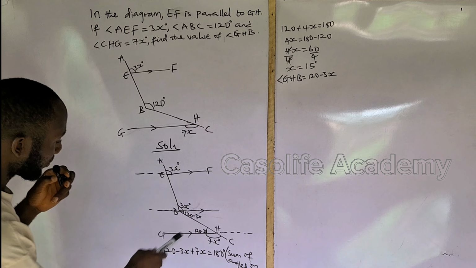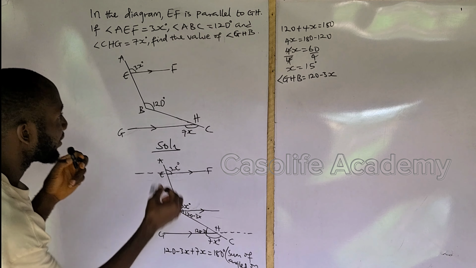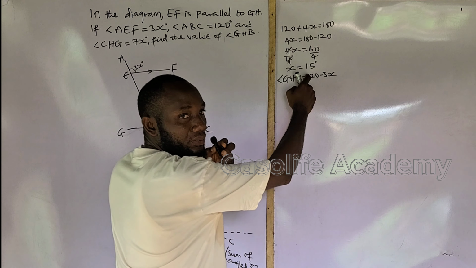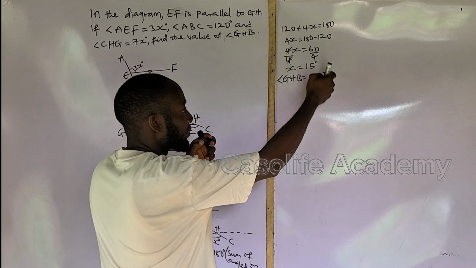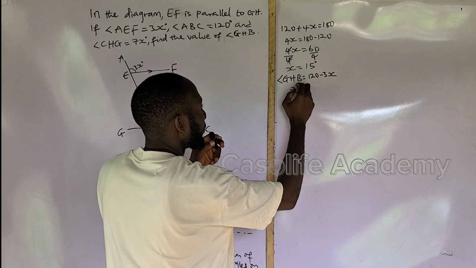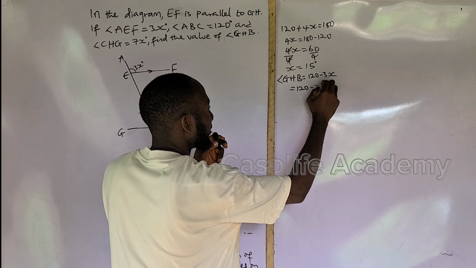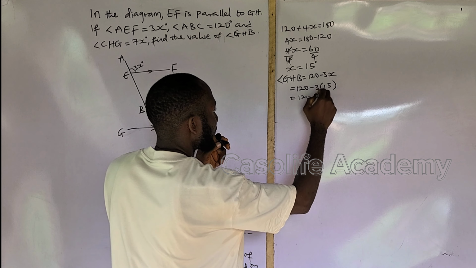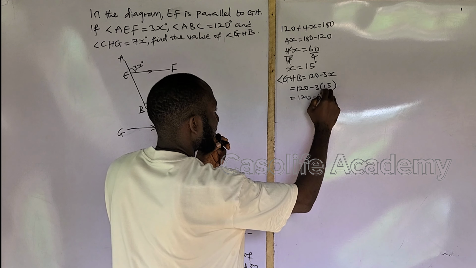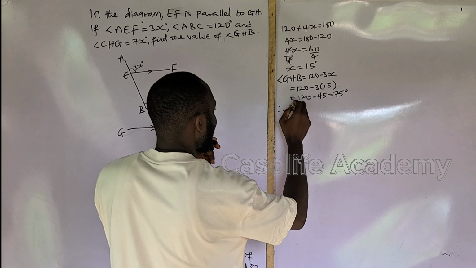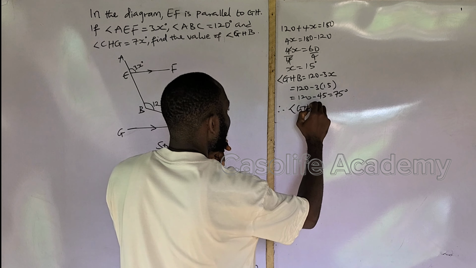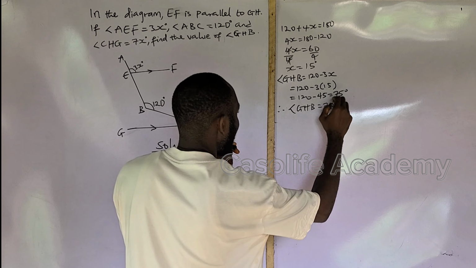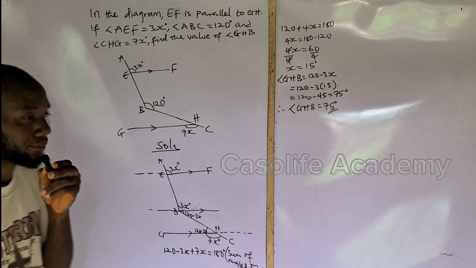We now substitute the value of x that we've gotten to be 15 here, so we have 120 minus 3 bracket 15, which is 120 minus 45. So 120 minus 45 will give us 75 degrees. Therefore, angle GHB is 75 degrees.